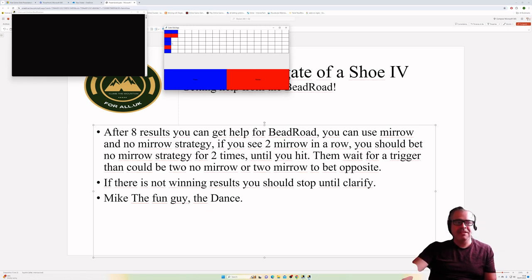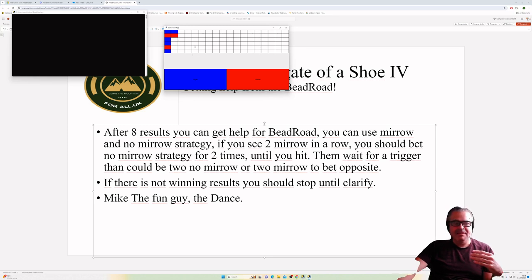And where is he going to bet? He's going to bet opposite to the first column. So in this case, the third result of the first column is blue, which is player, so he will bet for banker. And he will do it twice.